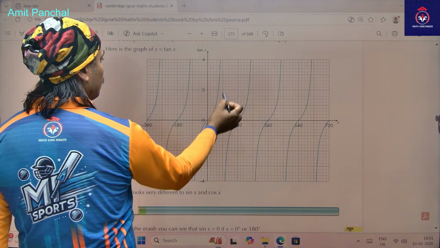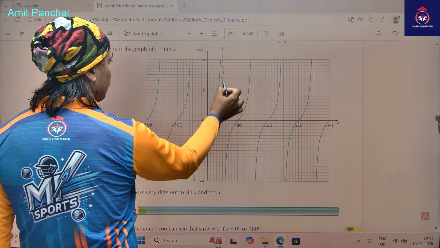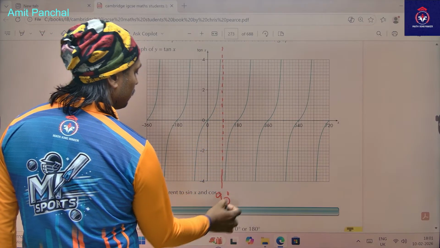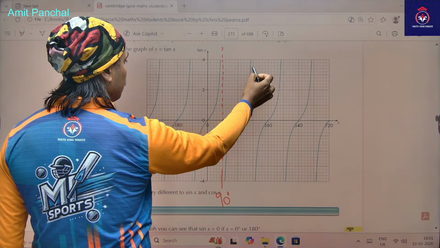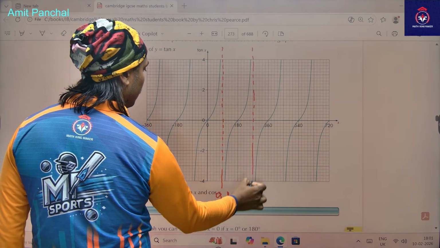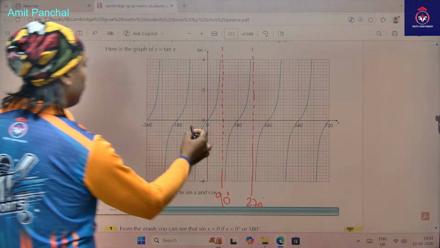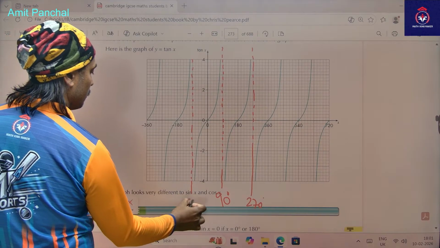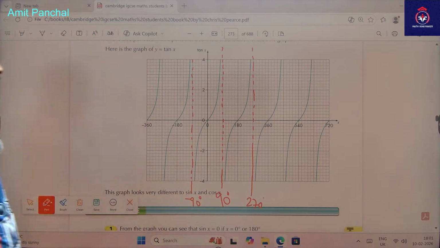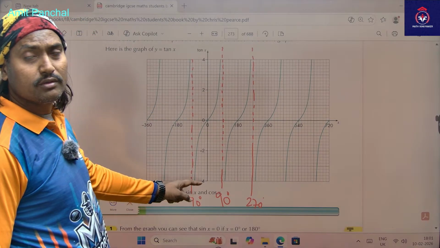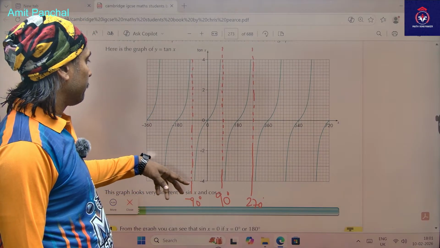It is behaving like an asymptote. Again at 270 degrees there is an asymptote. So your function will not touch this asymptote.